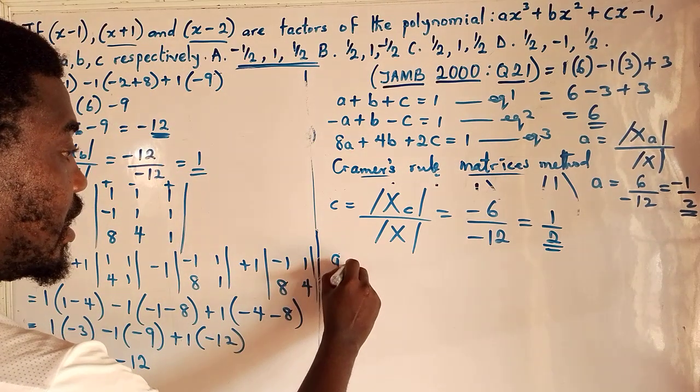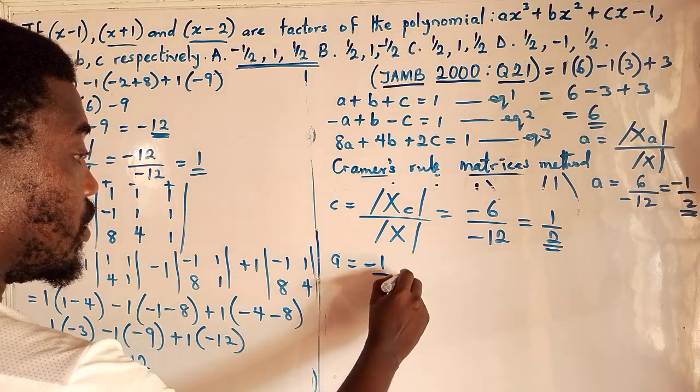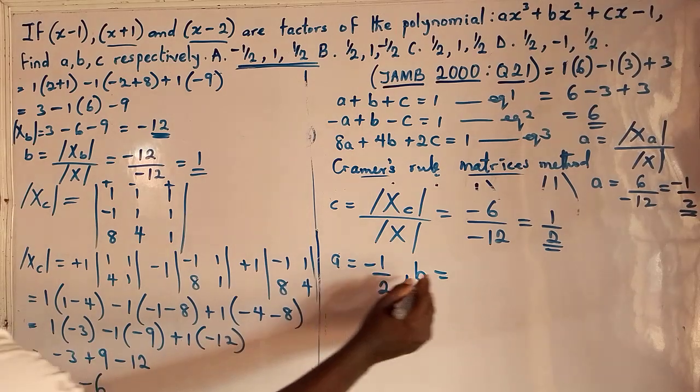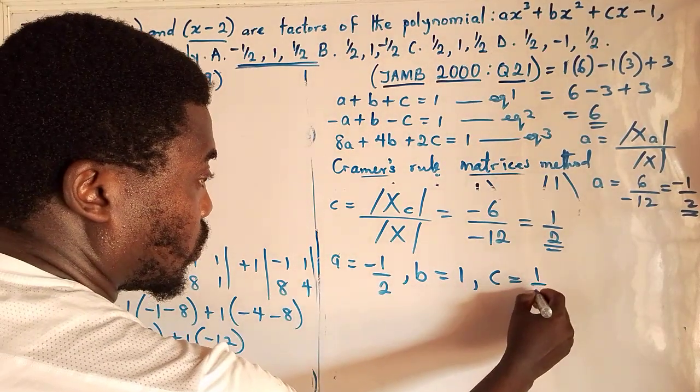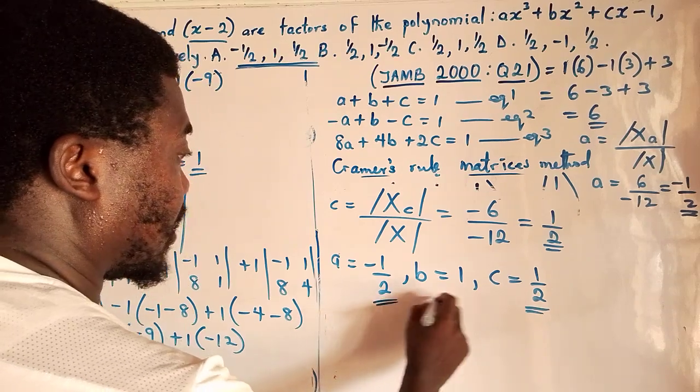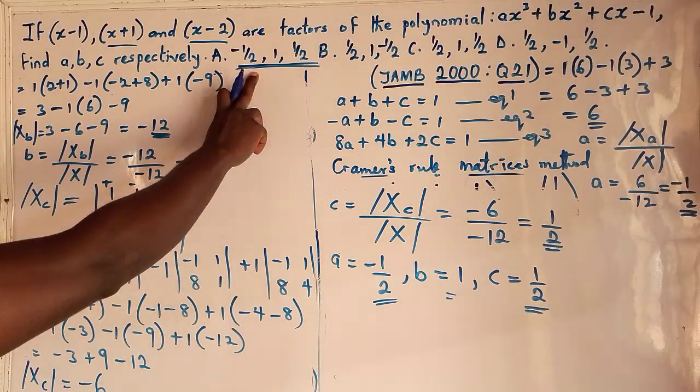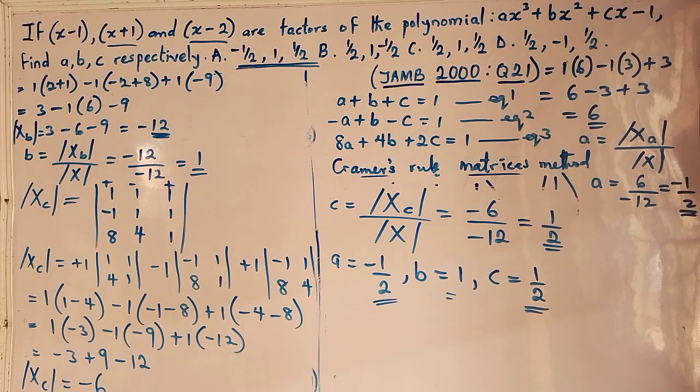Therefore, the value of our A is minus 1 over 2, the value of our B is 1, and the value of our C is equal to 1 over 2. That is our answer, and we have it as option A. Thank you.